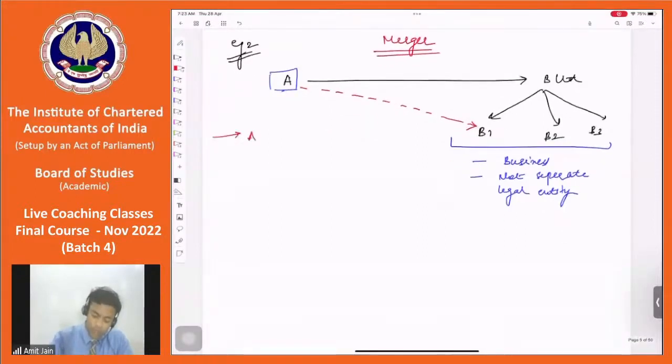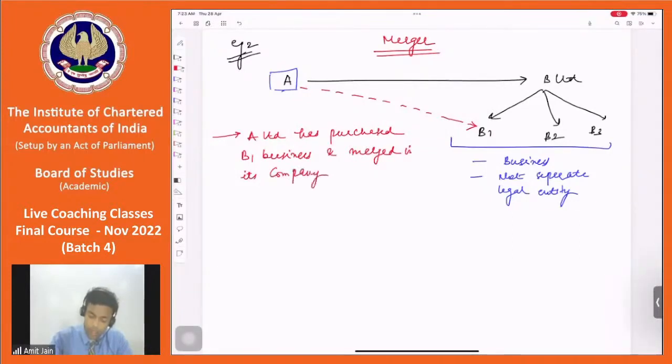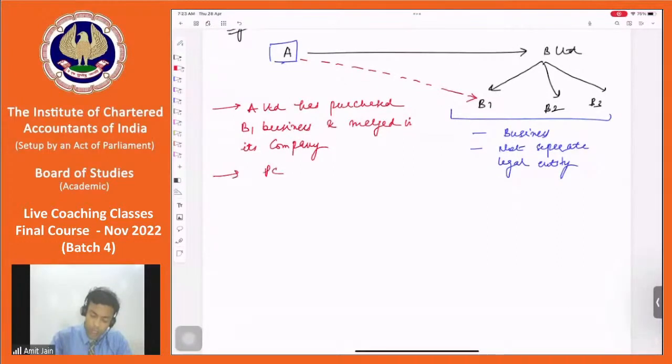What we are saying is, A Limited has purchased B1 business and merged it in its company, correct? Purchase consideration paid 100 crores.